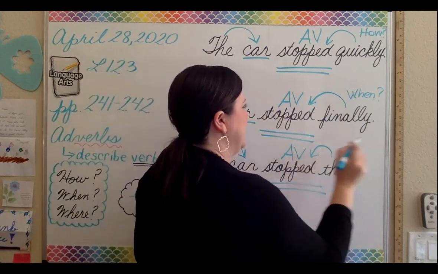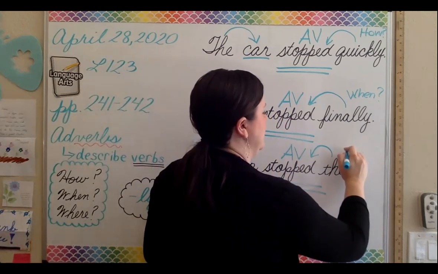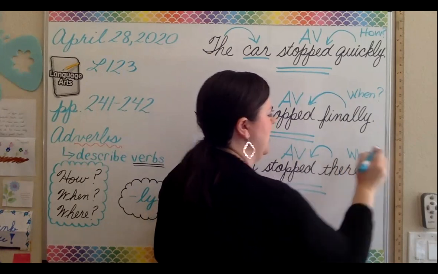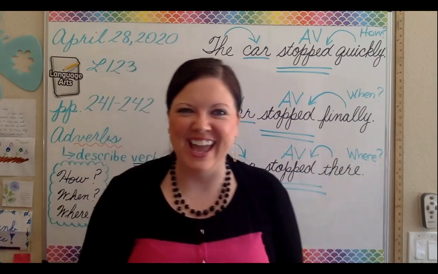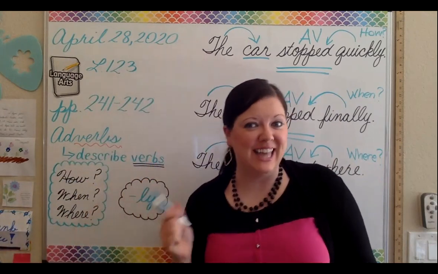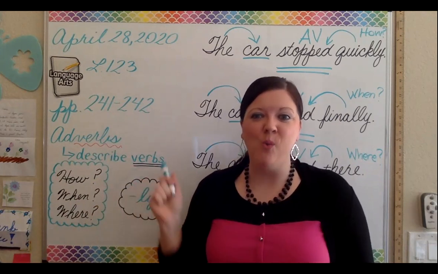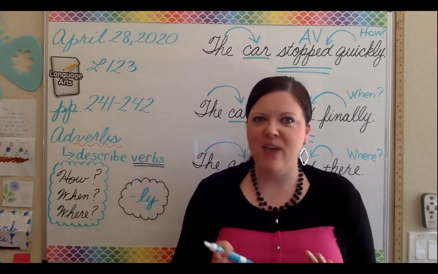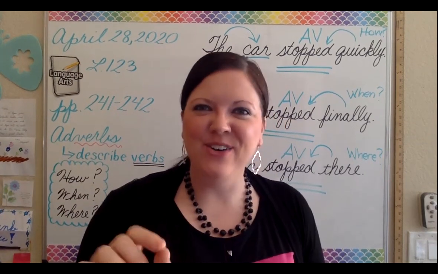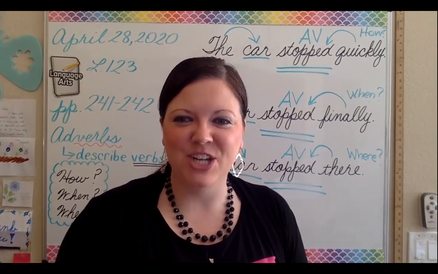There is an adverb telling where the stopping occurred. Okay, so adverbs will answer those three questions. Let's say them together. How, when, and where. And what can an adverb often end with? An ly, yes. Okay, I have two more sentences I'd like to share with you this morning.